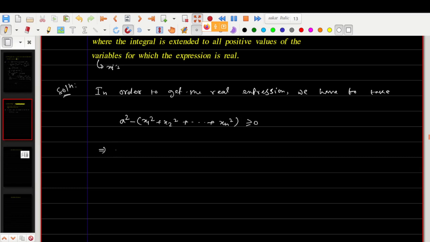This implies, right, so this is the thing that I had, and all xi greater than or equal to 0, that is also given.